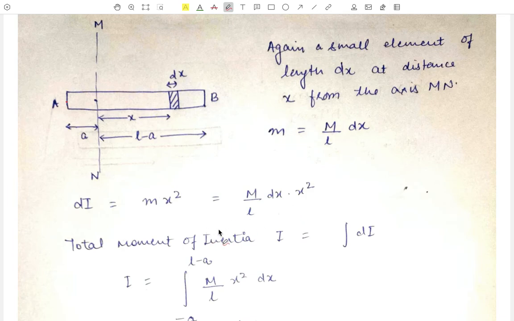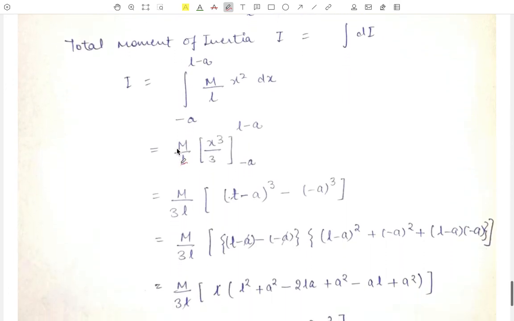Now the total moment of inertia will be the integration of this small moment of inertia. What will be the limits? The limits are from minus a to l minus a, because the other length will remain as l minus a. Upon integration, m upon l can be taken outside of the integration. The integral of x squared dx will be x cube upon 3 from minus a to l minus a.